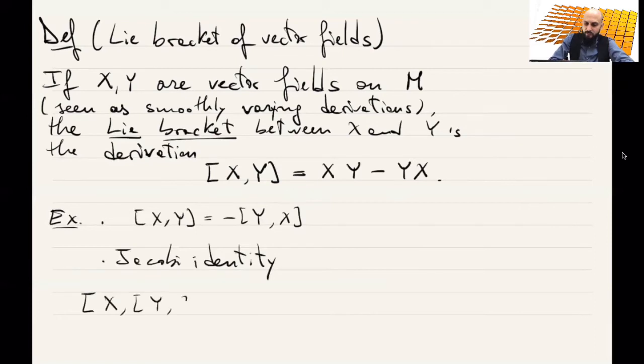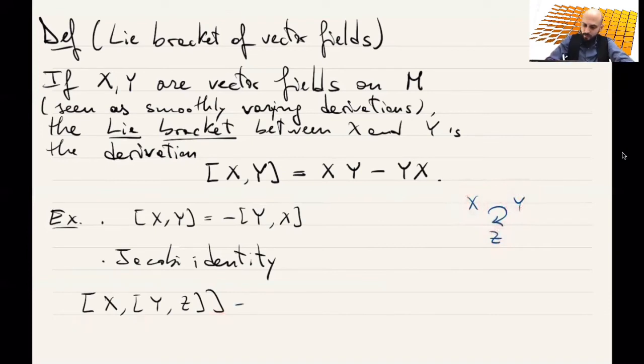To remember how to write it, you write the vectors in some order, and then you follow the circle three times, starting from different elements, and you always put the bracket in the same order.